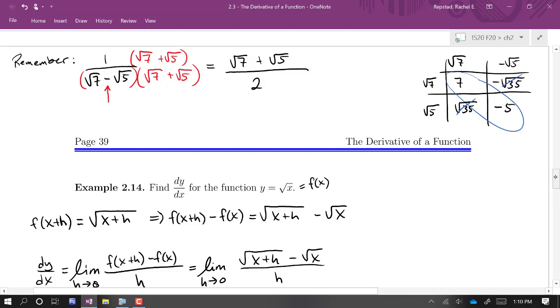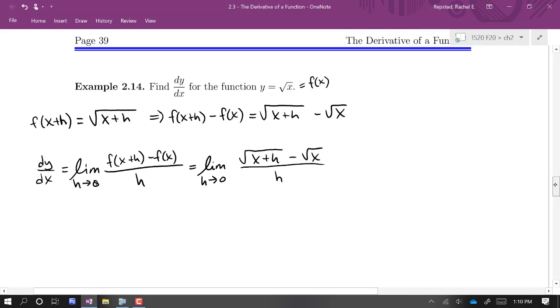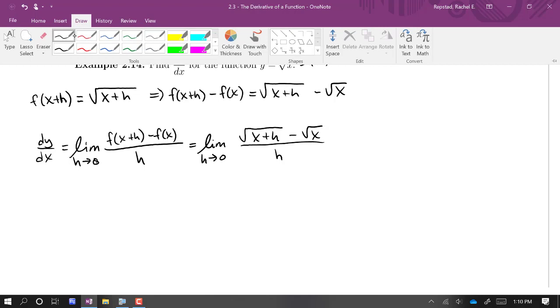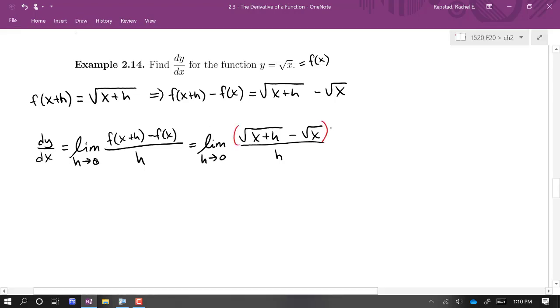What does that have to do with this example? When we're setting up this limit to find the derivative of this function, what we're going to do is rationalize the numerator. So we're going to multiply the top and the bottom by the square root of x plus h plus the square root of x.